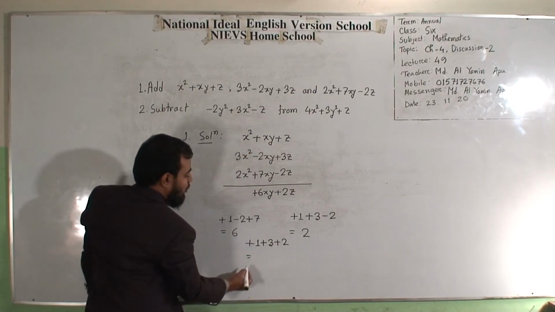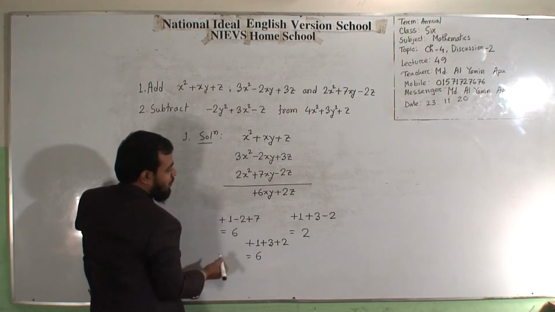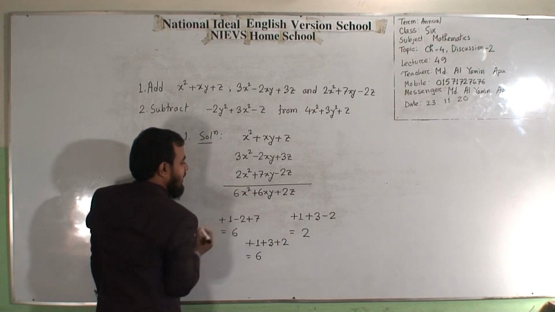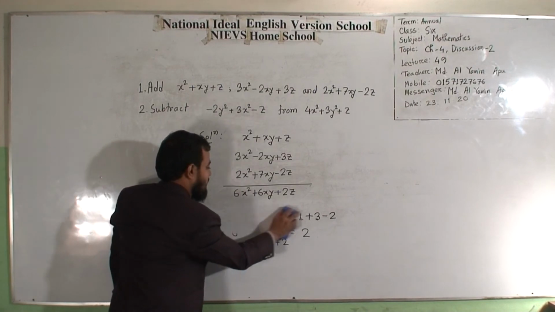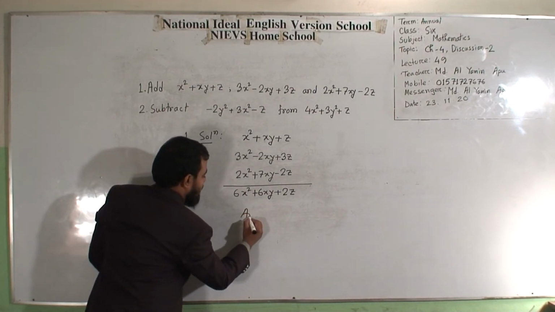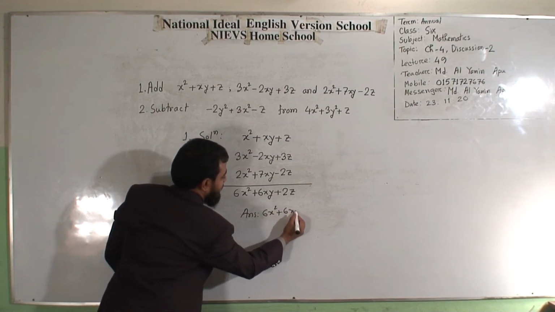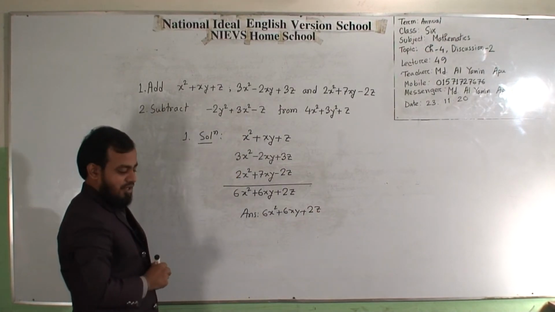It is 1 plus 3 plus 2, which is also 6. So the answer will be 6 and the variable is x square. I think you have understood. That means our answer will be 6x square plus 6xy plus twice z. Okay, dear students, I think you have understood.